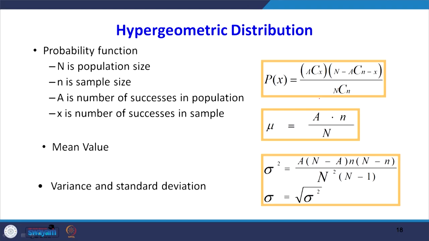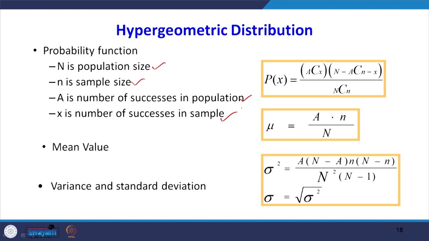Here the capital letters represent the population. Capital N is the population size, capital A is the number of successes in the population. Small n is the sample size, and x is the number of successes in the sample. So, p of x is ACx times N minus A C n minus x divided by NCn.